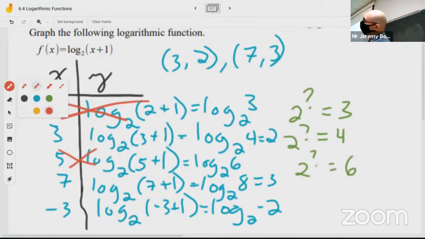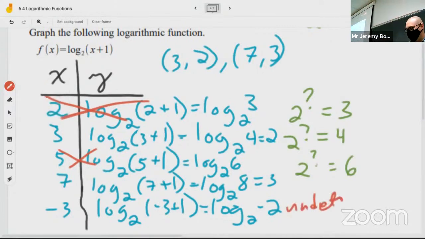It always needs to be greater than 0, right? So this is undefined. We don't even know how to find that. That's not going to work for us, but you're on the right track. If we did -1, we get 0, but you can't raise 2 to something and get 0.